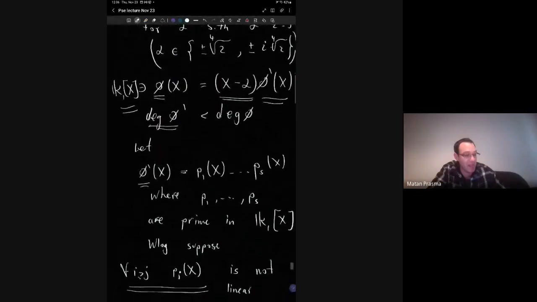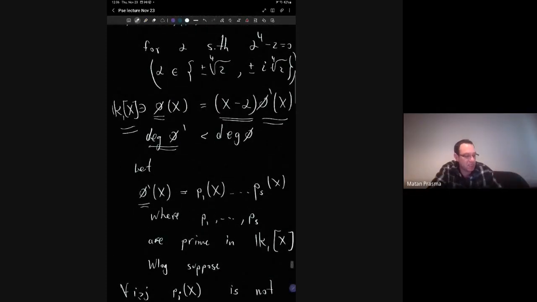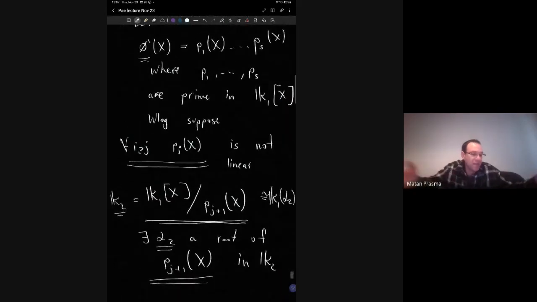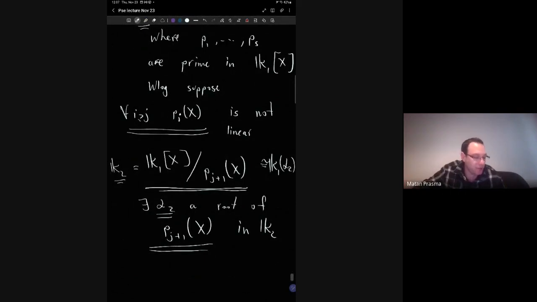And of course, since P_{j+1} is simply a prime factor of phi, this root alpha 2 is also going to be a root of phi. And I continue until I run out. In every step I reduce the degree, and the degree is finite, so this process terminates.